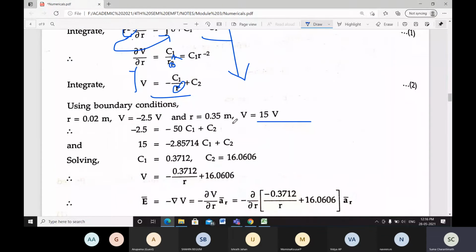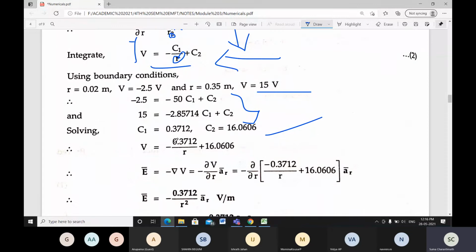Next, solve for c1 and c2 using your linear equations. Then you'll get c1 as 0.3712 and c2 as 16.0606. Then substitute c1 and c2 in the equation. We get V is going to be minus 0.3712 divided by r plus 16.0606.